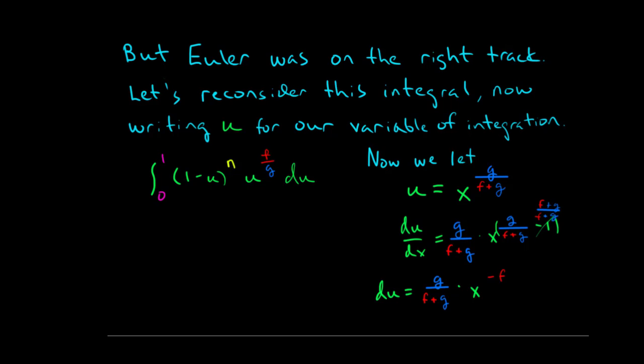So it's going to be x to the minus f over (f plus g). So let's summarize what we have so far with this substitution. We have the integral from 1 to 0 of (1 minus u) to the n times u to the f over g du. And once again, we let u equal x to the g over (f plus g).